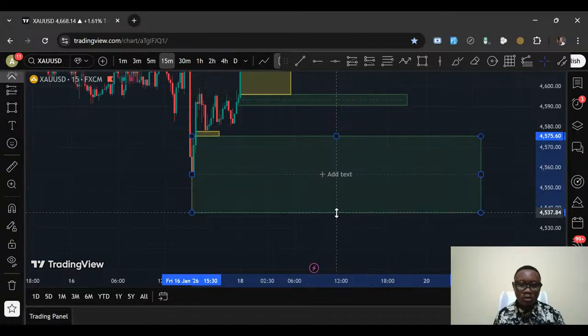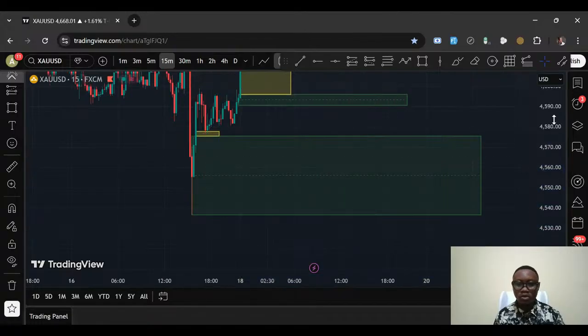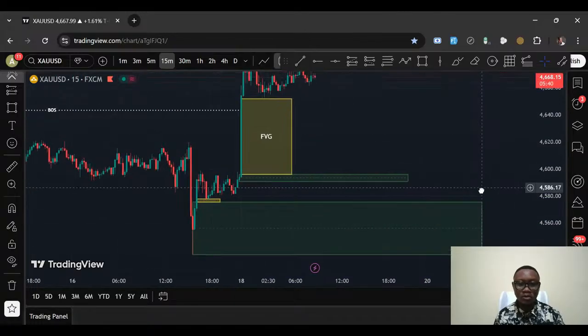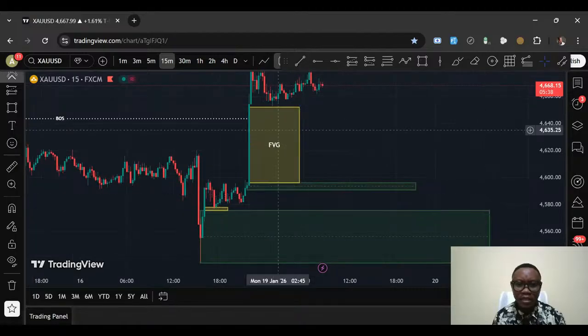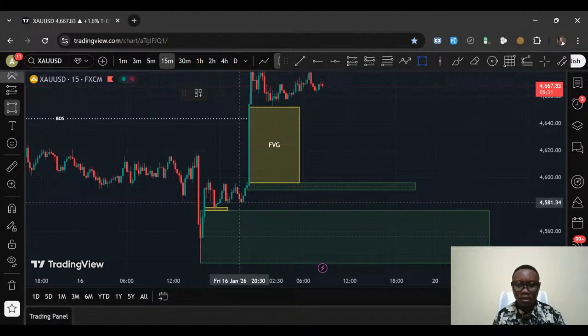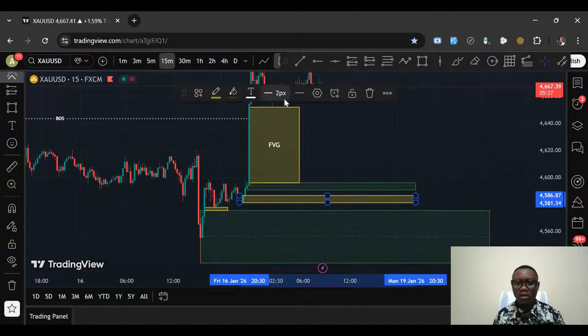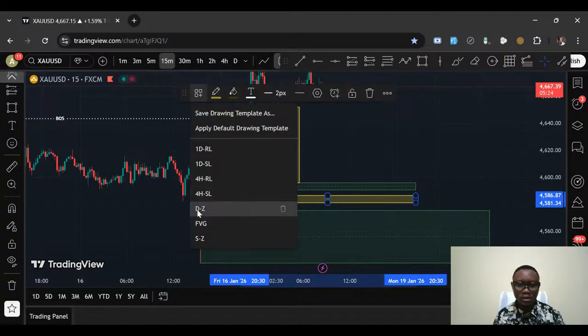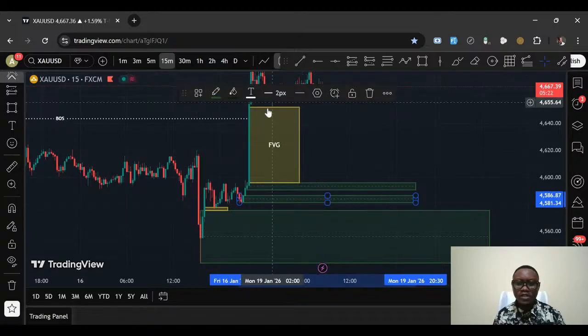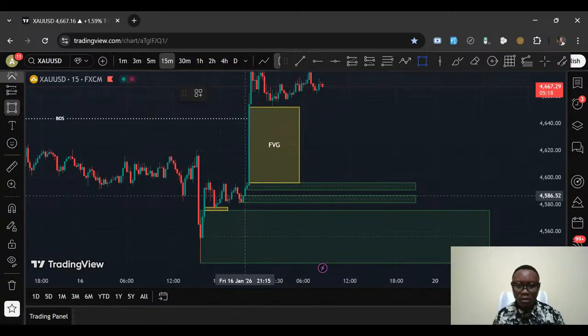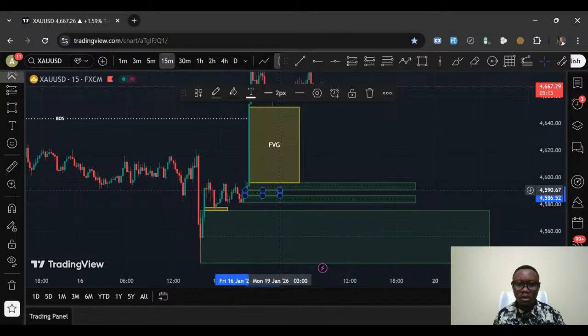But I'm going to mark this as well. This whole zone is our order block zone on the 15-minute time frame, and this is our FVG, and we have another order block here. We have another order block here. And the FVG for this order block is this. Okay, so these are FVG.